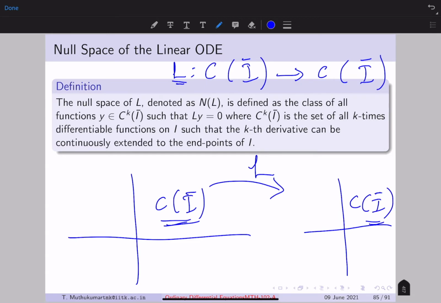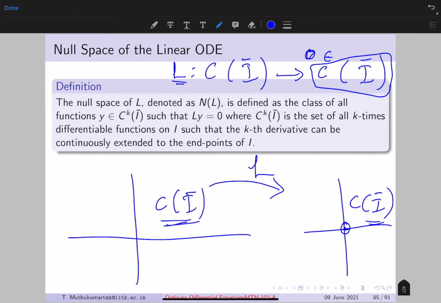So what is null space? In this set C_I, there is a zero function. The constant function 0 belongs, because constant function 0 is a continuous function. So if you denote 0 as the constant function 0, then 0 belongs to this set, right? Let's say that 0 is sitting here in the set.